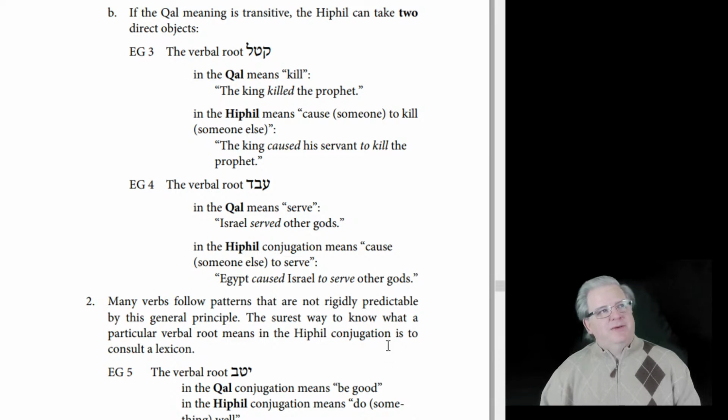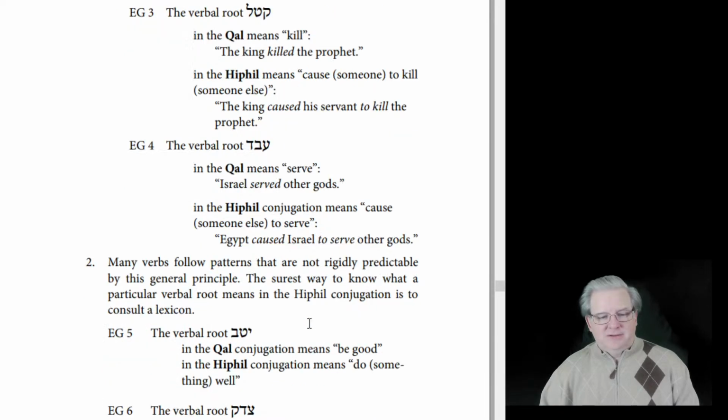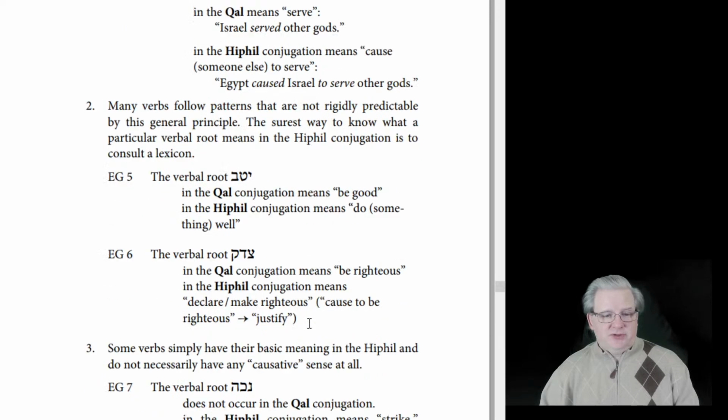There's a better way to say it than double causation, because it's not double causation, but it is. Look at your advanced grammars. The verbal root avad, serve, right? Egypt caused Israel to serve other gods. See, in the Hiphil. Not too much trouble there.